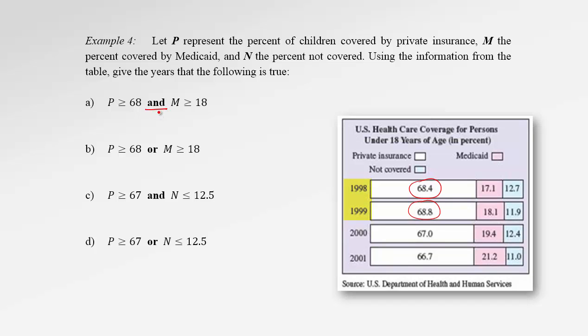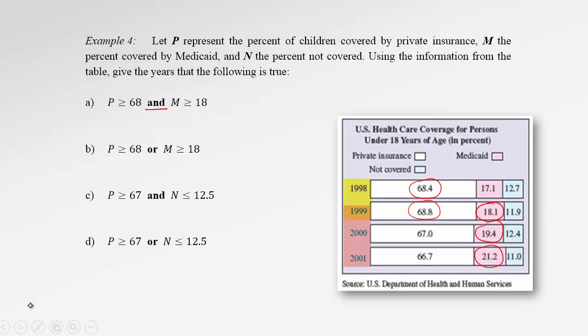However, we have a connecting word and we need to solve the second inequality. The percent covered by Medicaid is bigger equal 18. Okay, so in the pink column, the numbers that are bigger equal 18 are this one, and that one. Therefore, these 3 years are the solutions to the second inequalities.